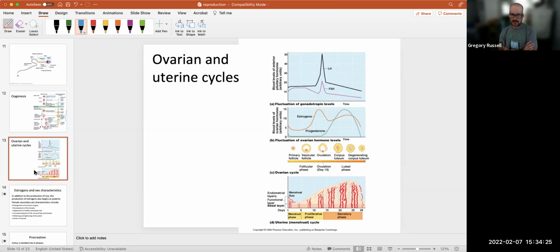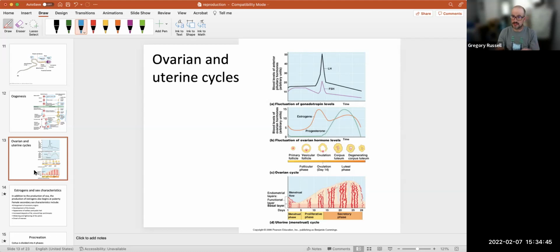So a little bit more about the female reproductive system. Because we have a lot happening here in the ovaries, we have to look at something called the ovarian cycle. The ovarian cycle looks at the development of the ovum. It also looks at the development of that follicle.